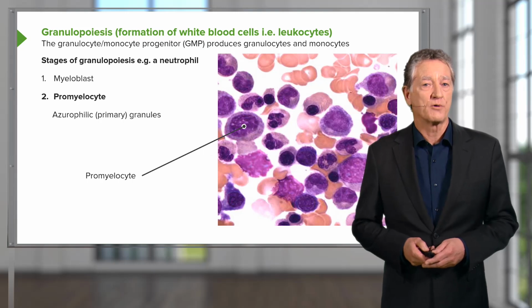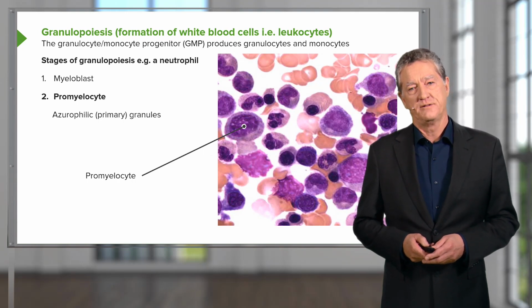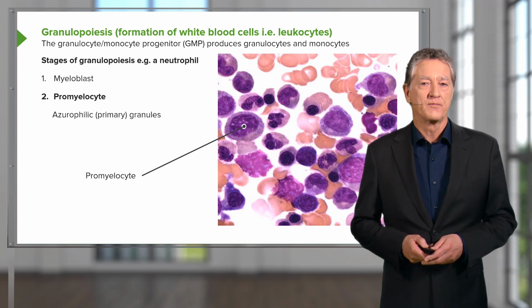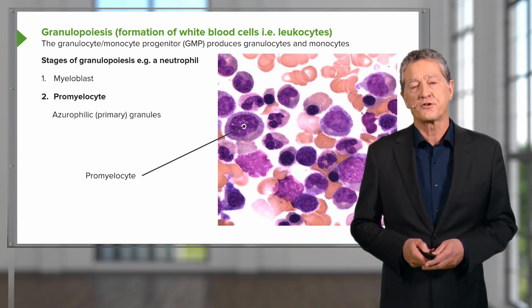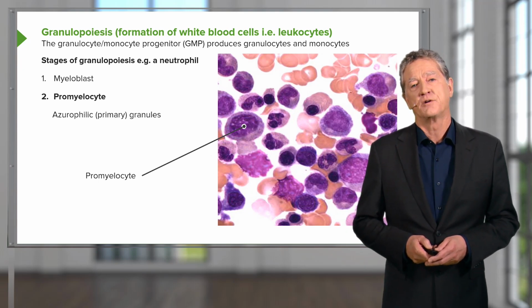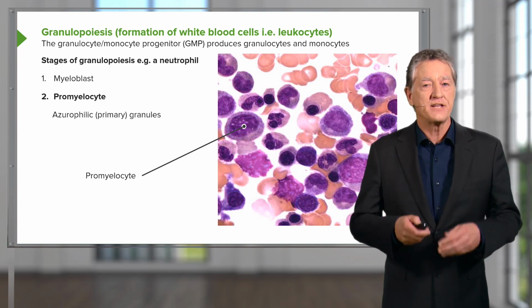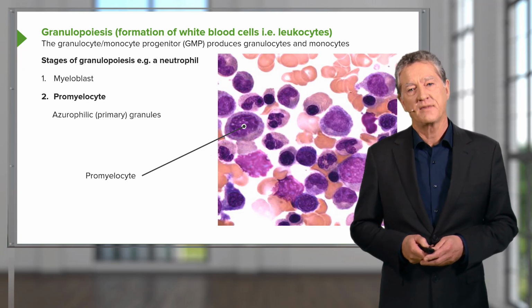I say the word primary here because these granules appear in all the granulocytes, the neutrophils, the eosinophils and the basophils. But you will recall, if you have knowledge of these three different granulocytes, that these granules are quite different in their content as they differentiate into their respective cell types.